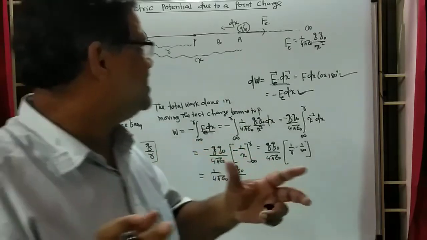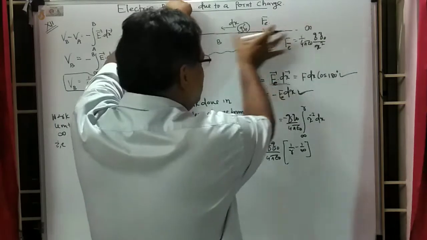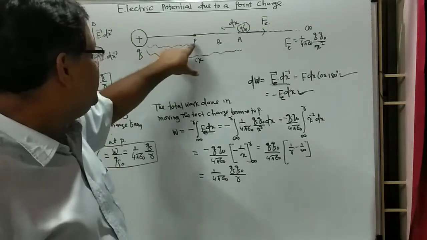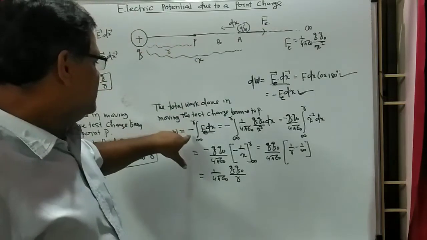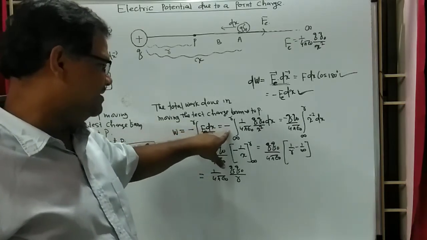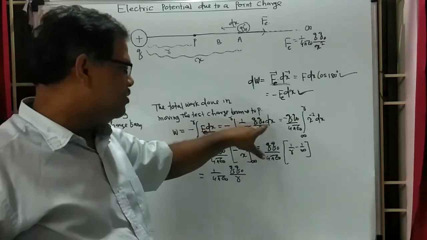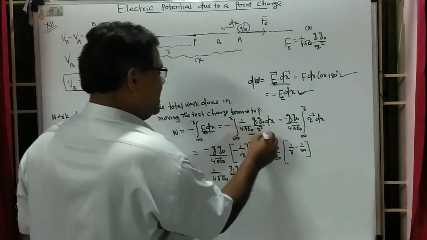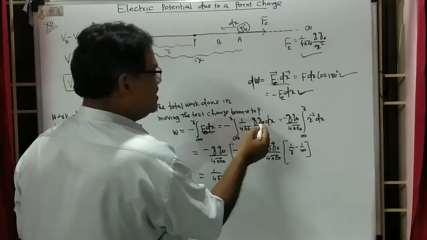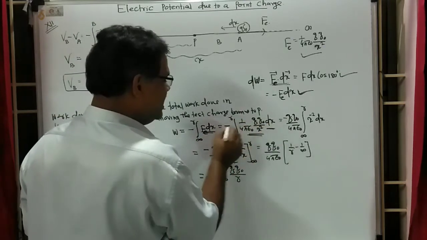are you understanding what integration means? When we bring the charge from infinity to P, we have taken the integration from infinity to r, because P is at distance r. So minus infinity to r F dx is equal to minus infinity to r 1 upon 4 pi epsilon naught q naught upon x square, because F you have already taken as 1 upon 4 pi epsilon naught q naught upon x square, and dx, with the minus sign taken out.